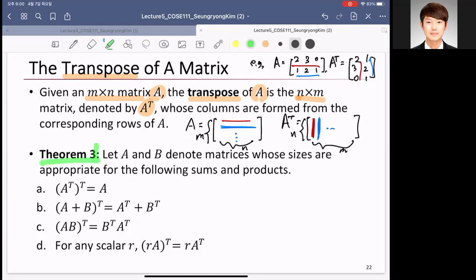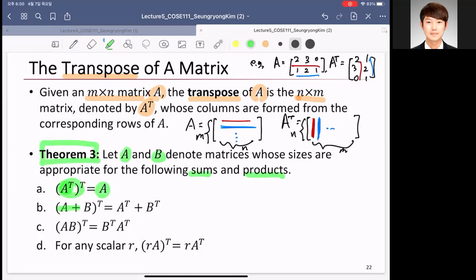The final theorem in chapter 2.1. Let matrices A and B have sizes appropriate for the following sums and products. Then the transpose of the transpose of matrix A is matrix A itself.